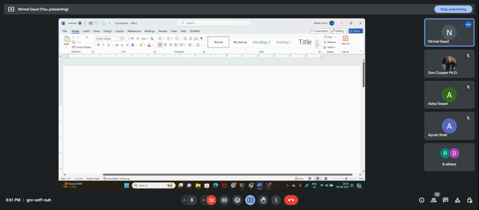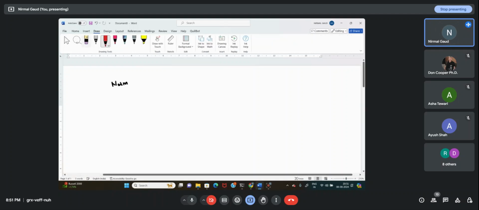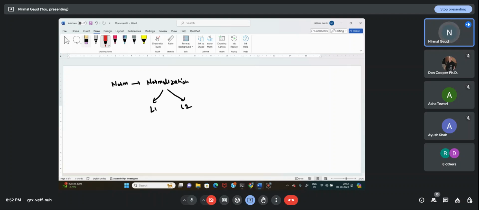Norm, or normalization. In general, we have two types of normalization: L1 and L2. You have to take a vector. For example, you have a vector v, which is written as 2i plus 3j.